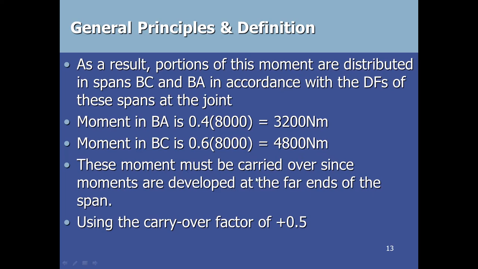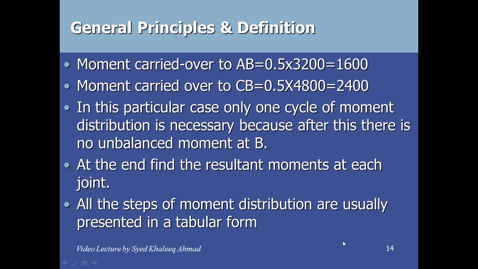These moments must be carried over, since the moments are developed at the far ends of the span. So that carryover moment will be transferred to those far ends, where the carryover factor is 0.5. So from BA, half of that moment will go to AB, and from BC, half of the moment will go to CB, which is written here.